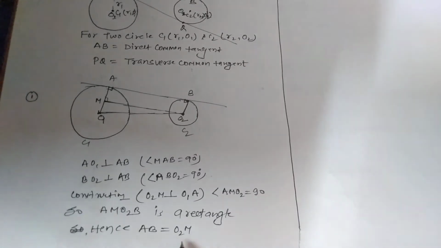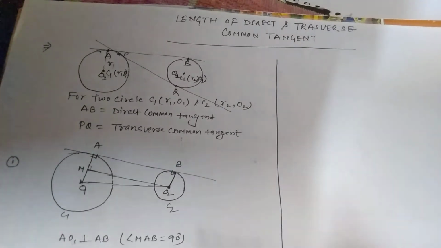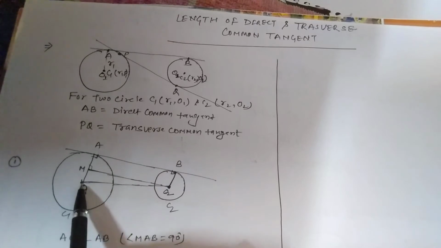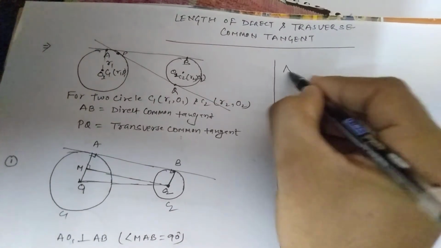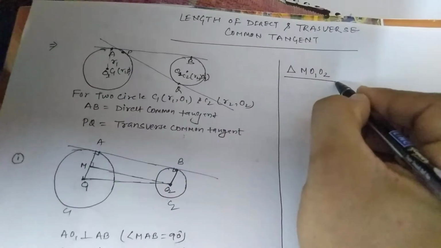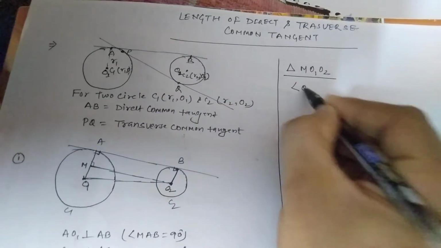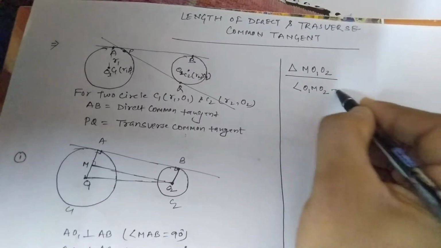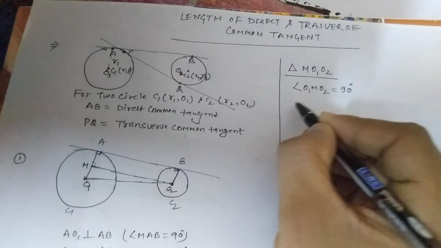Clear? So what now we can do? We can go in the triangle MO1O2. Right? So in triangle MO1O2, angle O1MO2 is 90 degrees.